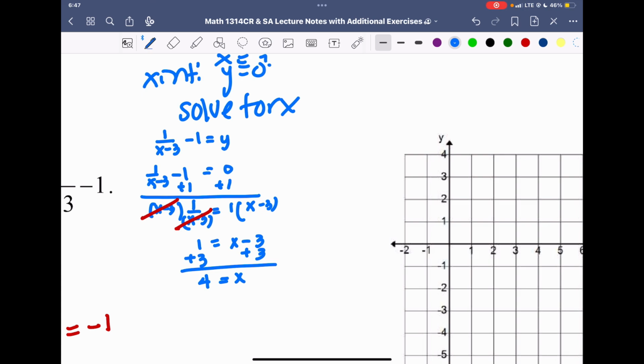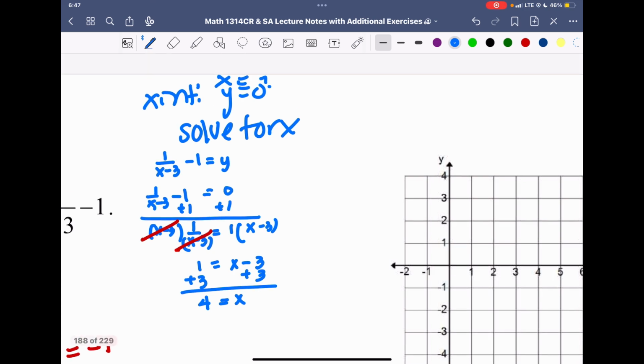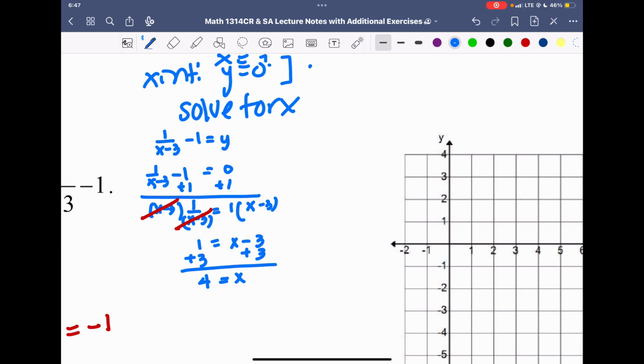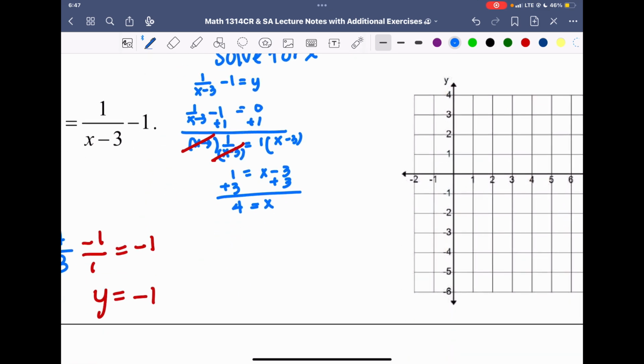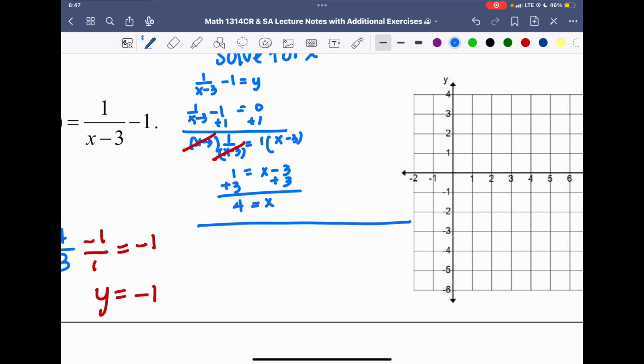So then we bring this together and we go 4, 0. When you do your y-intercept, you're substituting x equals 0 and solving for y.